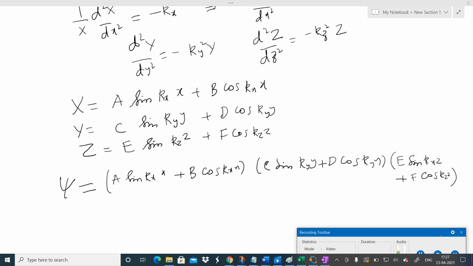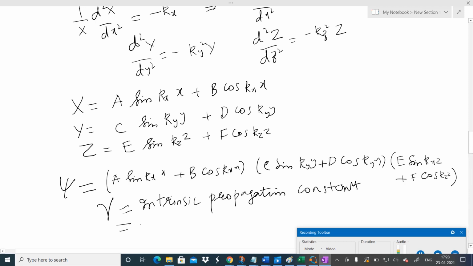An important comment here is about this gamma. We call it the intrinsic propagation constant. And we have derived that it is given by the square root of j omega mu into sigma plus j omega epsilon, right?